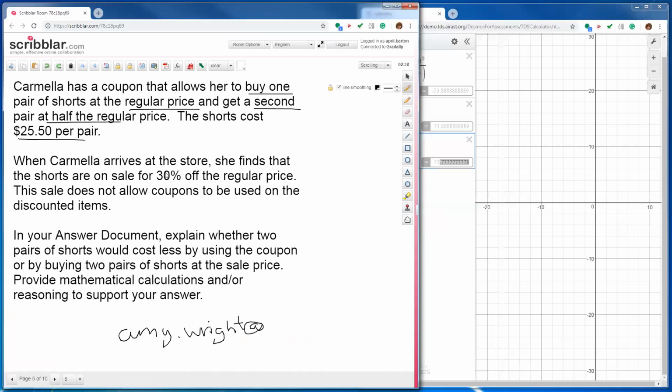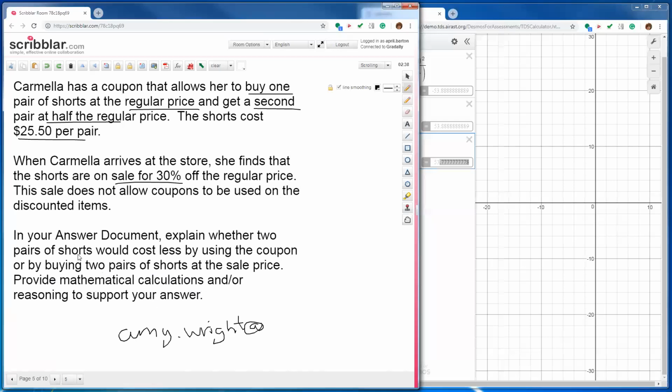When Carmilla arrives at the store, she finds that the shorts are on sale for 30% off the regular price. The sale does not allow coupons to be used on the discounted items. In your answer document, explain whether 2 pairs of shorts would cost less by using the coupon or by buying 2 pairs of shorts at the sale price. Provide mathematical calculations and or reasoning to support your answer.